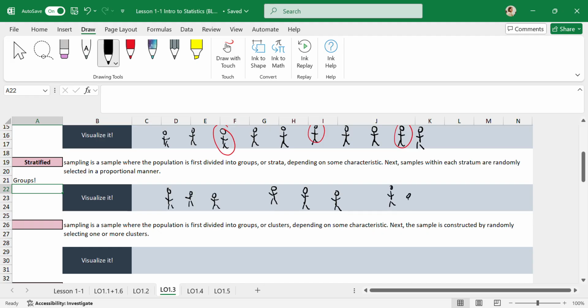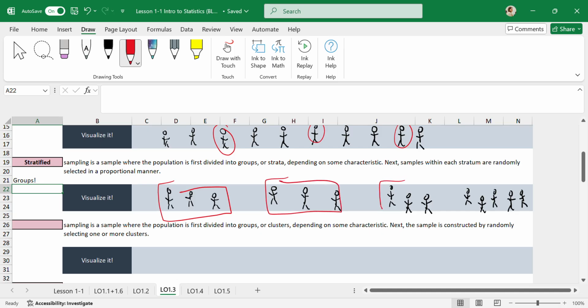But this time, instead of randomly selecting them, so everyone has an equal chance like in simple random sampling, or instead of picking them in an order like for systematic sampling, what happens in stratified sampling is you put people into groups according to their characteristics. So they have to have something in common to be in a group together.